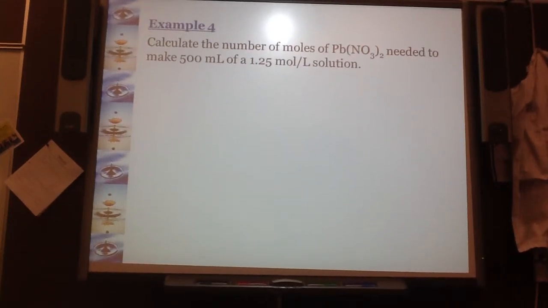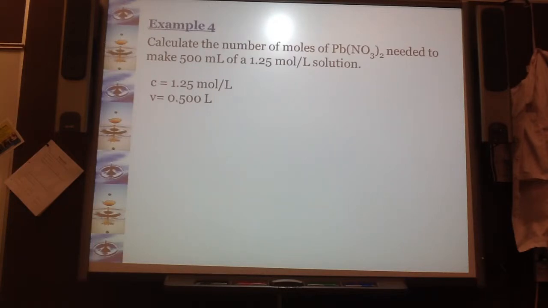The number of moles of lead(II) nitrate needed to make 500 mL of a 1.25 mole per liter solution. So we know our concentration. Our volume converted into liters, 0.5.